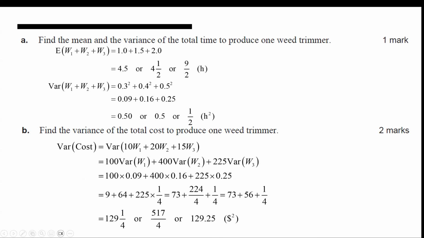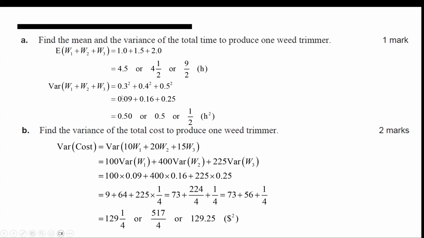That's why your cost function is 10W1 + 20W2 + 15W3. But when you want to find the variance, this is a linear combination involving 3 dilation factors. So the combined variance will be 10 squared variance W1, 20 squared variance W2, and 225 times variance W3.